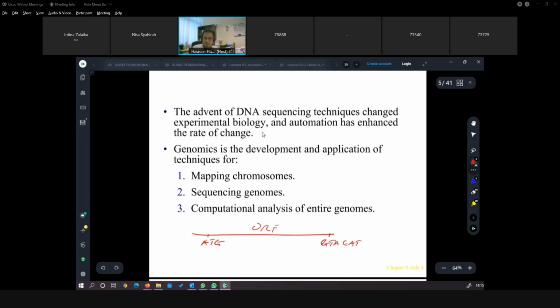We will come across open reading frames. So if you studied one gene, you could get a PhD.